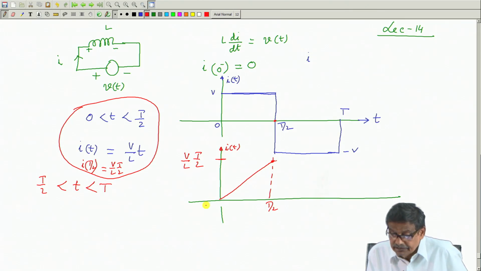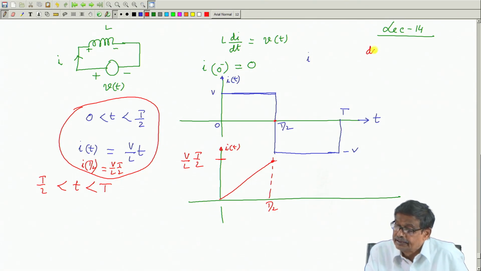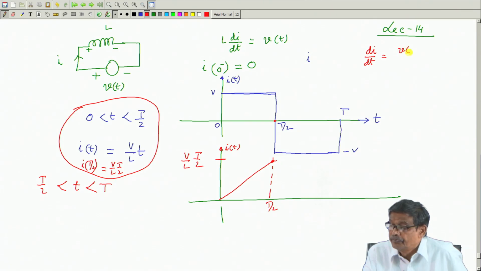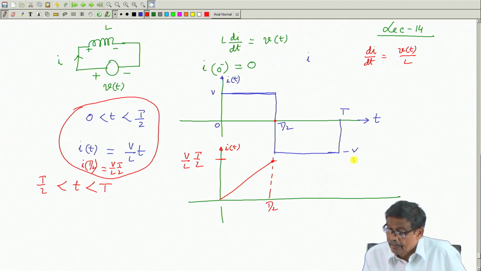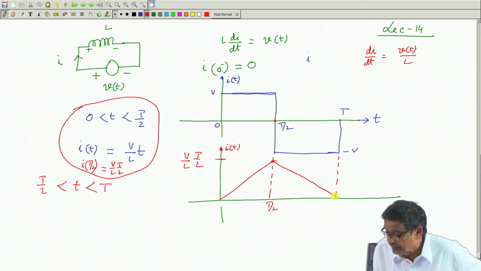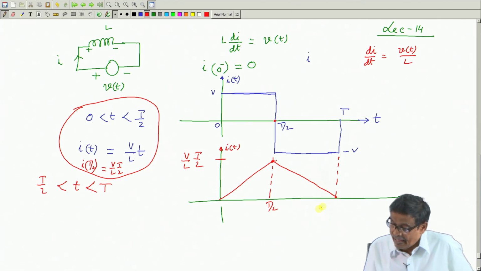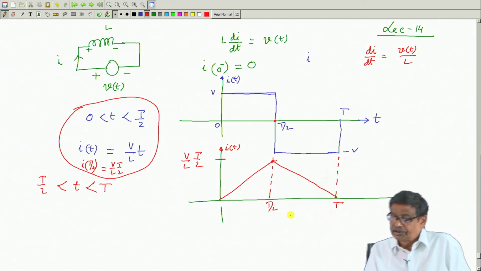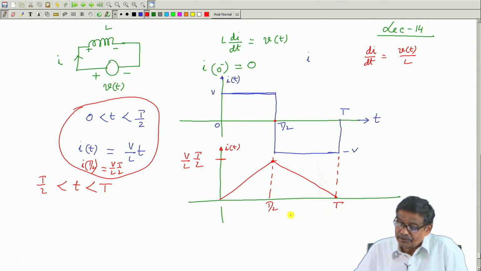But applied voltage is negative, and dI/dt, as I was trying to tell you earlier, depends upon V t by L, but V t is negative. So, current must have a negative slope, and at t equal to T it will once again be 0 in the inductor.